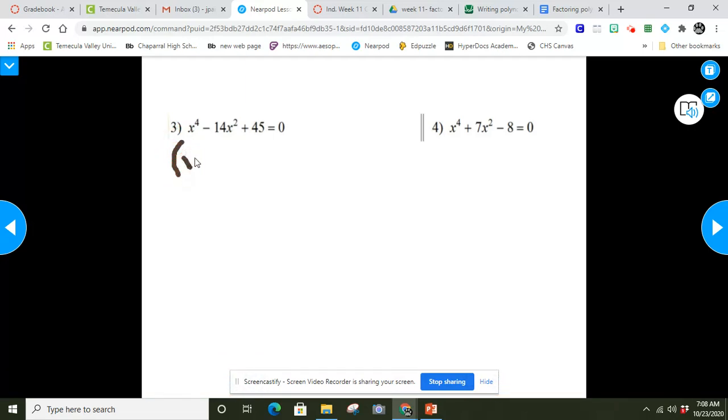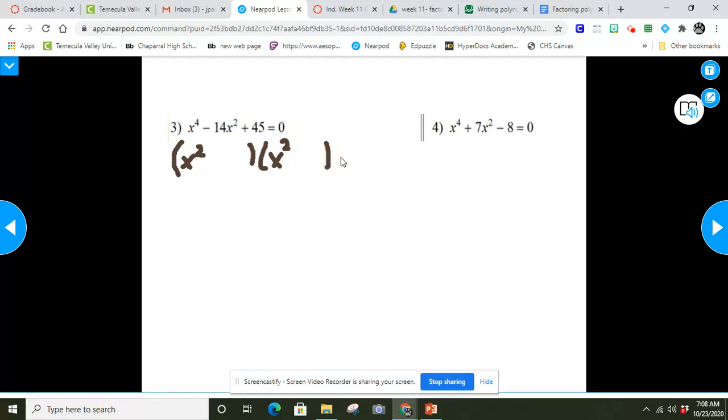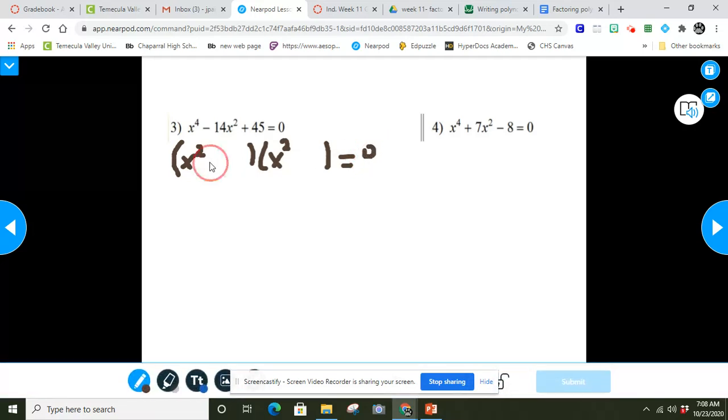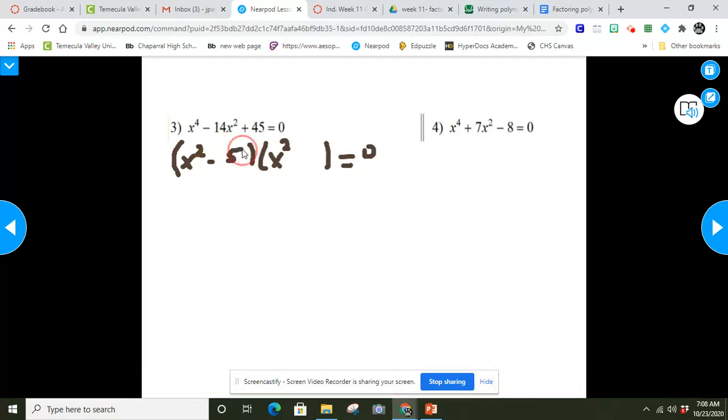Okay, so I'm going to get x squared, x squared. So what multiplies up to 45 and adds up to negative 14? They're both going to have to be negative, so minus 5 and minus 9.